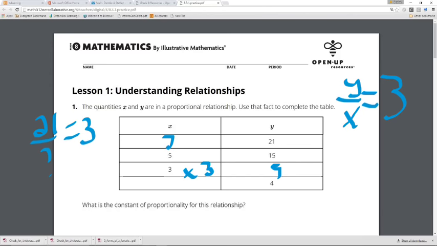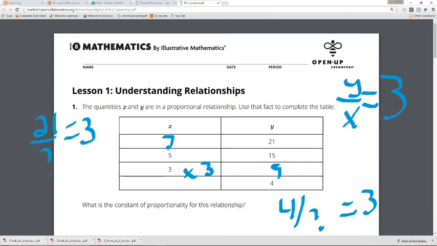And on my last one, I have to do 4 divided by some number to get 3. Well, that's kind of a weird problem where you're doing 4 divided by some number to get 3.